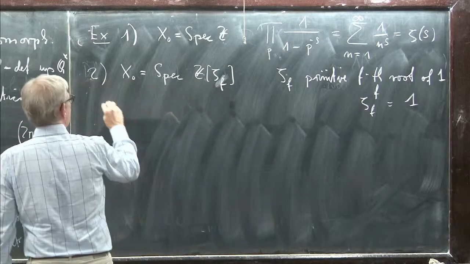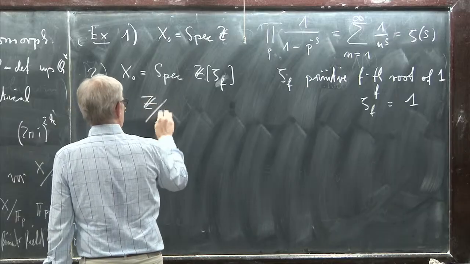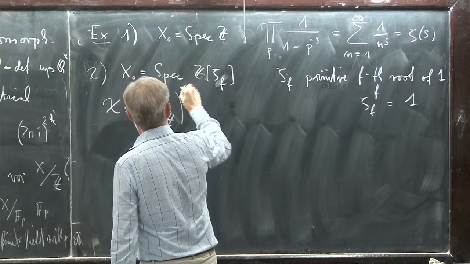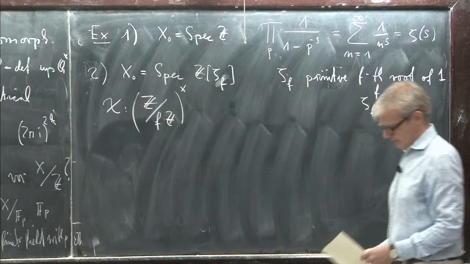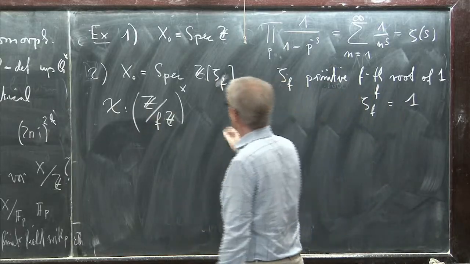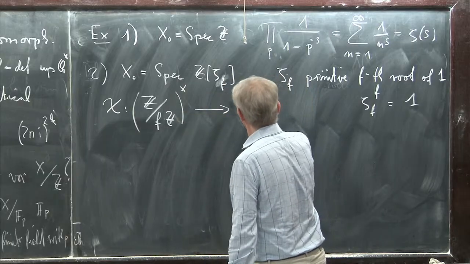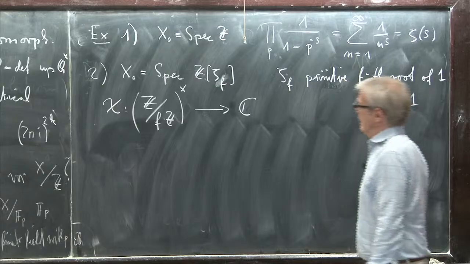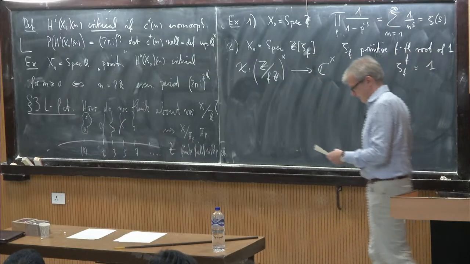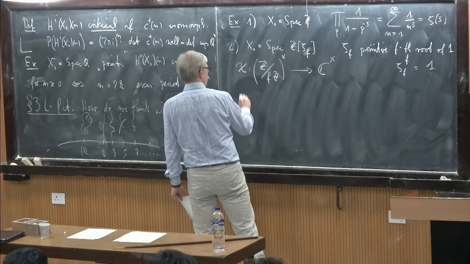And I also take a character, chi, from the following group. I take the integers modulo f, and I take all elements in here which are invertible for multiplication. And this is an abelian group. One knows the structure very well. Of course, this is a fundamental theorem in algebra. So we are giving ourselves also such a character. And then the L function is the following.